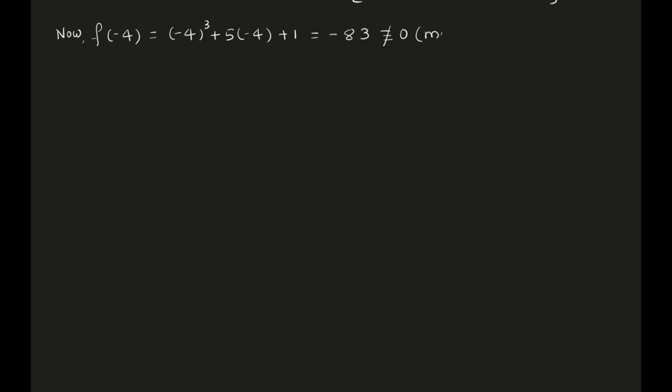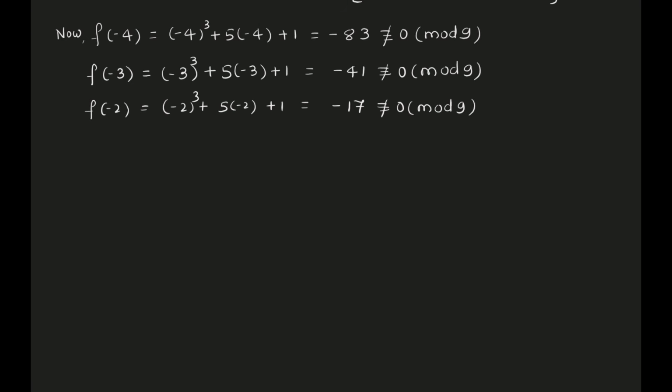When you put minus 3, you get minus 41, which is not congruent to 0 mod 9. When you put minus 2, you get minus 17, not congruent to 0 mod 9. When you put minus 1, you get minus 5, not congruent to 0 mod 9.